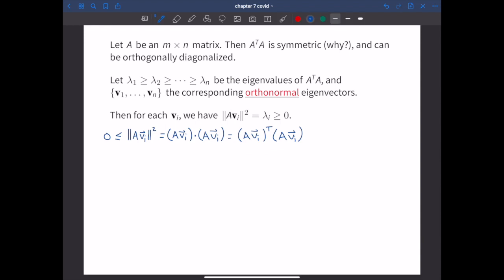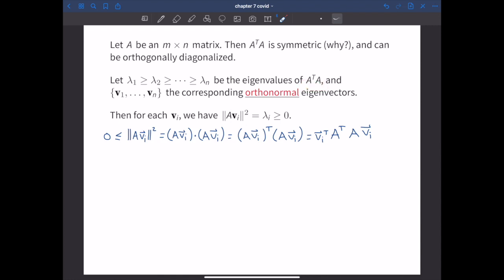It's not the dot product any longer. If we bring that transpose in there, it's VI transpose times A transpose times A VI. And A transpose times A is this matrix here, the one that we realized was symmetric.